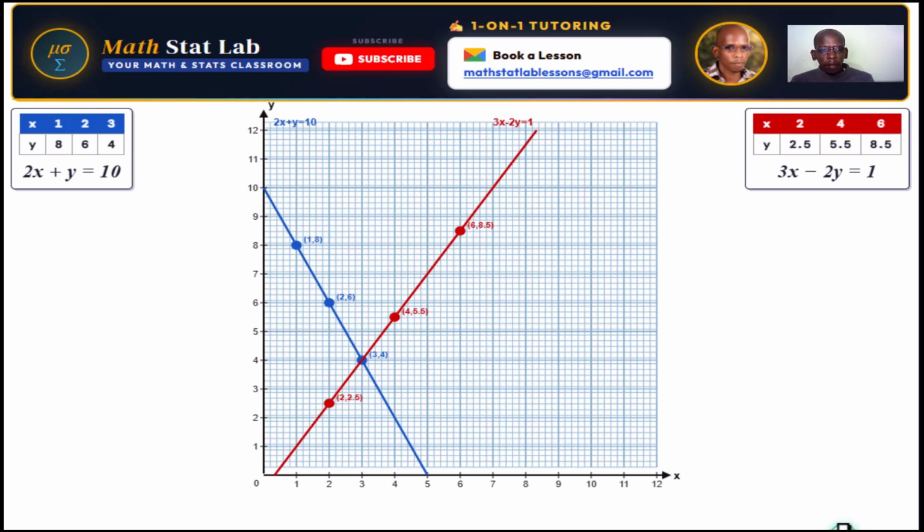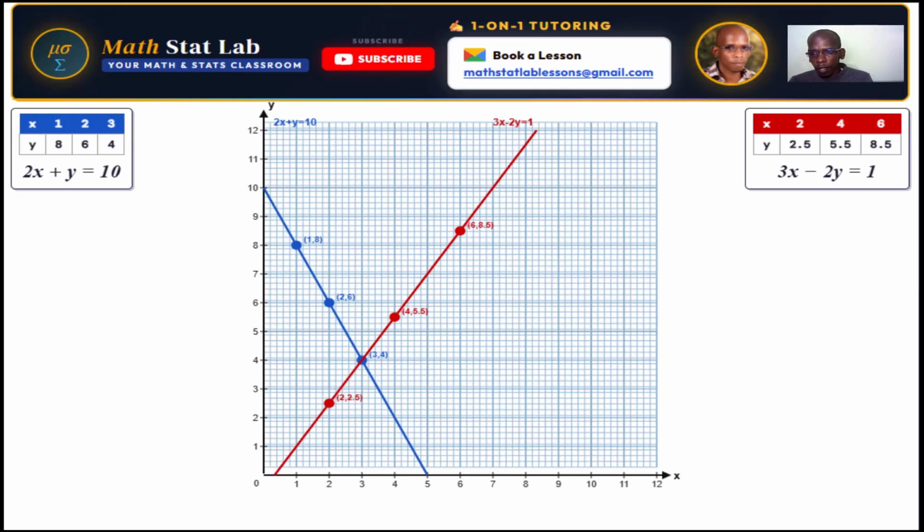Then from there, to read the solutions for x and y, because that's all we wanted, the value for y and the value for x when we solve those two equations, I need to check where they intersect, then read the value for y on the y-axis, and the value for x on the x-axis.